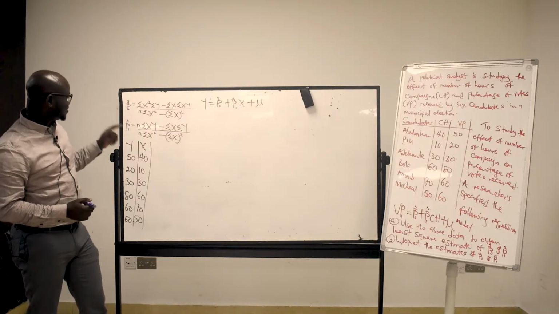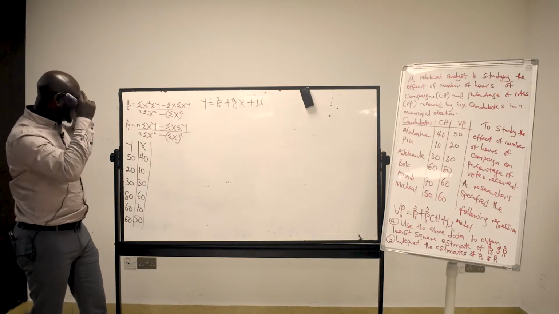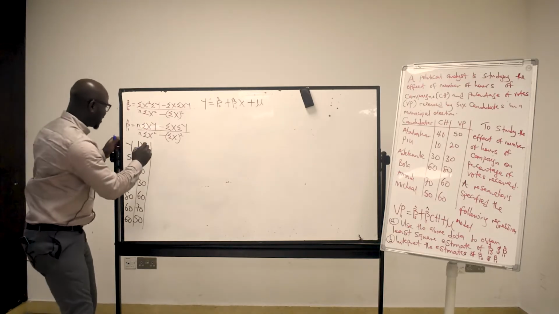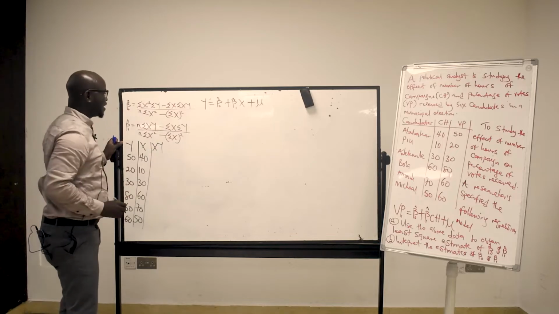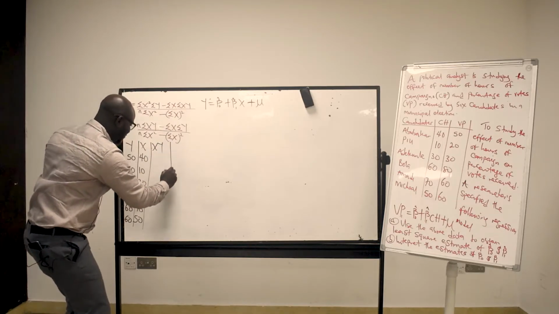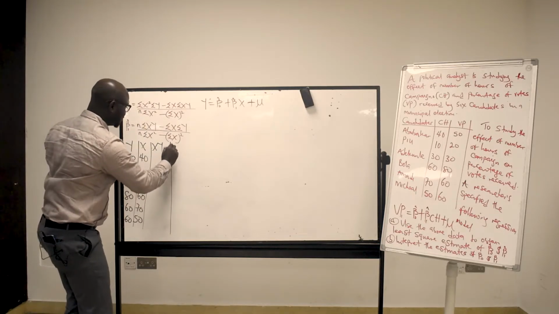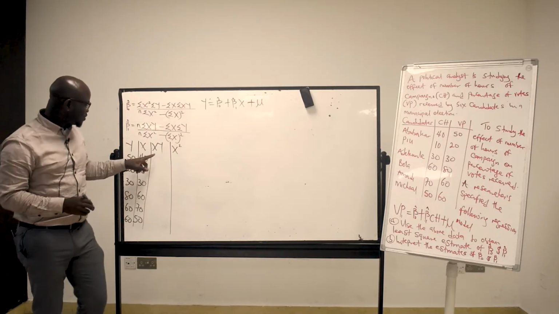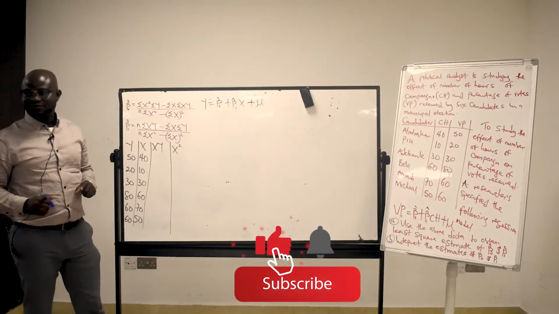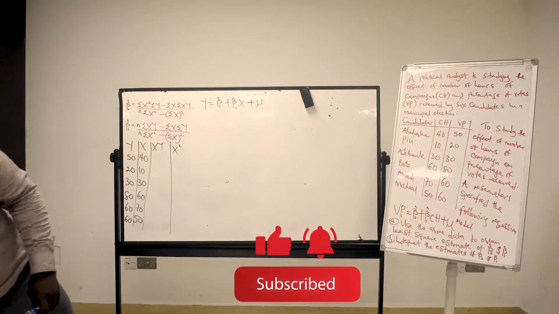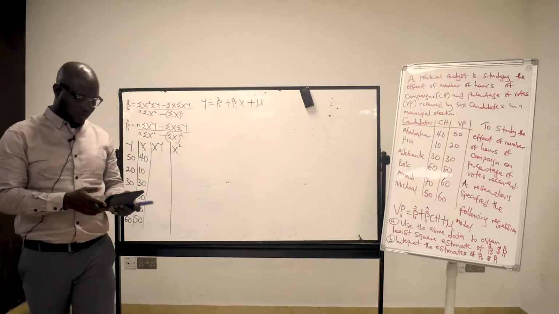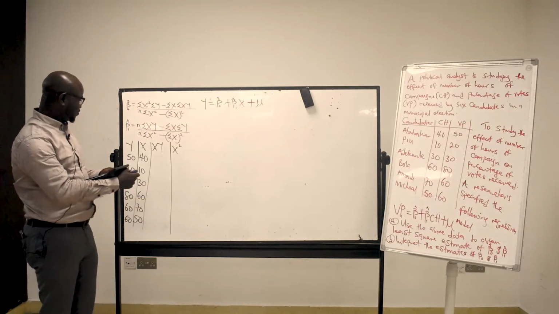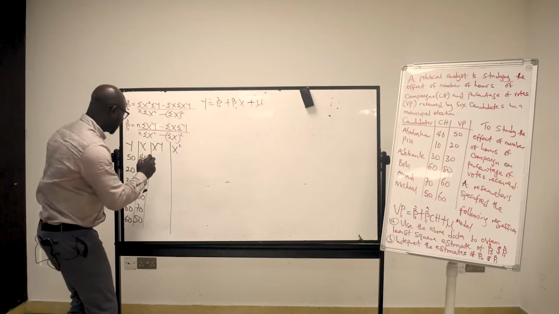Then we have the x, we have the y. So in getting, let's say, the xy, and then after the xy, I'm getting the x squared. So for xy, we are expected to multiply this with this. So 50 times 40 is 2,000, right?